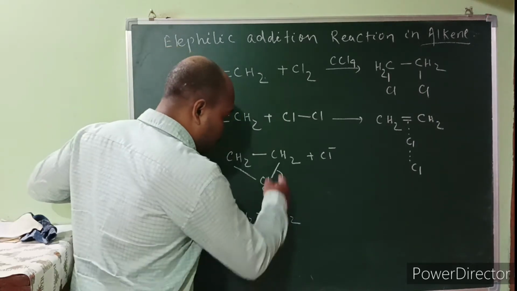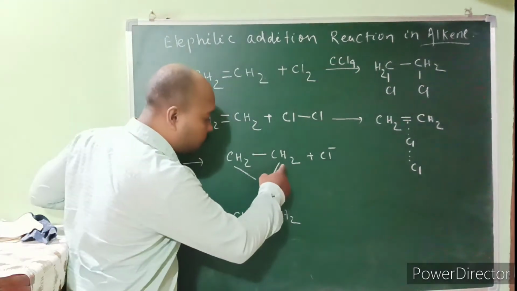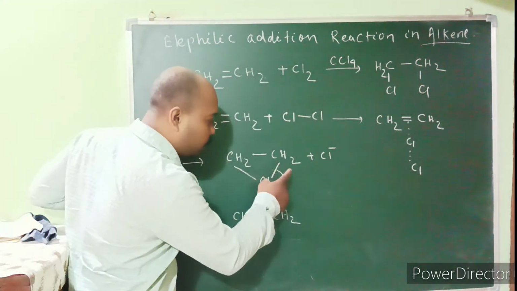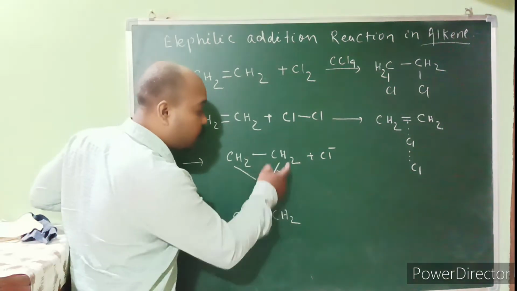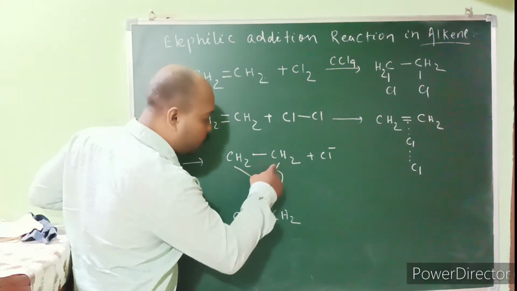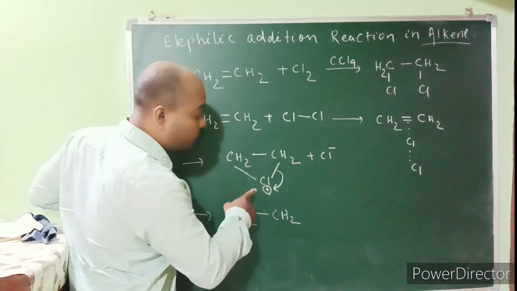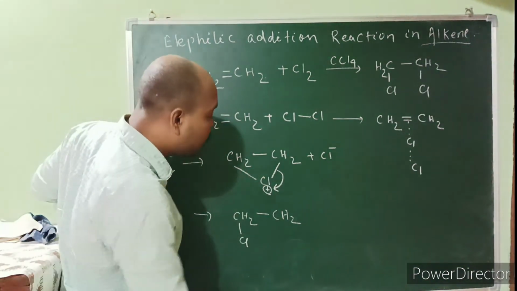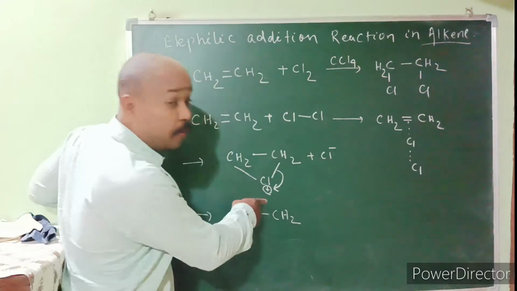Now see, chlorine withdraws electron from this bond, meaning there is a shortage of electron on carbon. The electrons in the bond between carbon and chlorine were mutually shared, and the total electron is withdrawn by the chlorine.